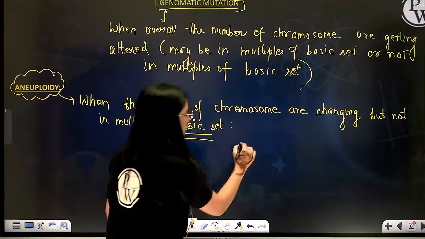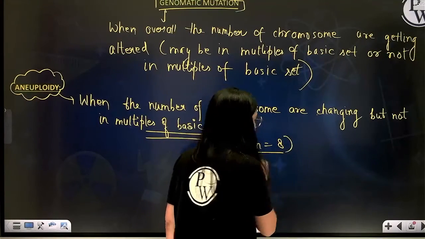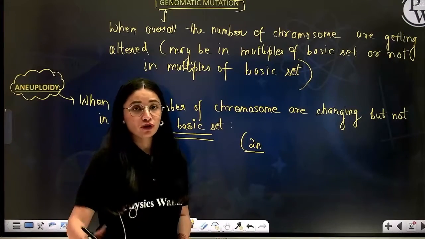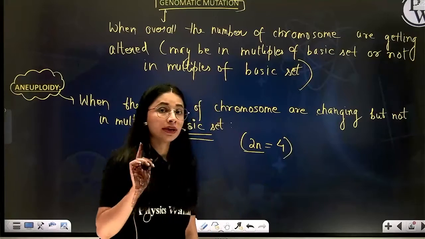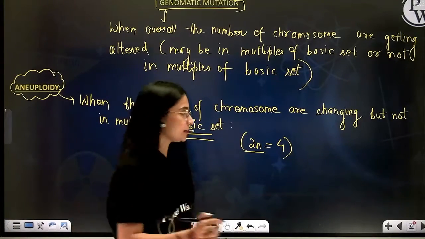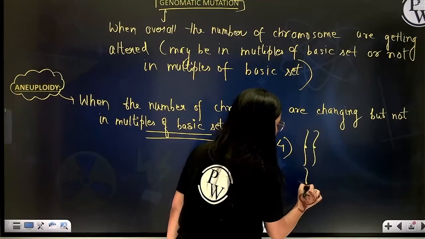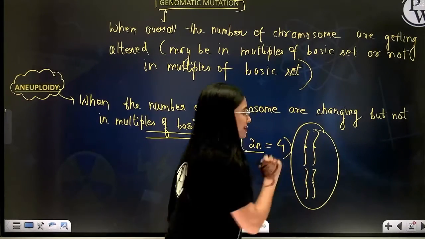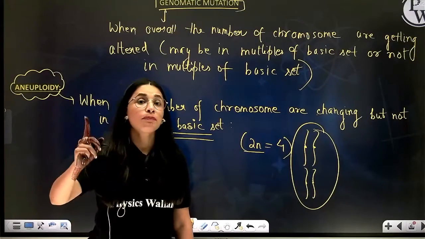Suppose मान लो बेटा there's a diploid cell which is having 8 chromosomes. Or to explain in a better way, let me take the number of chromosomes even lesser. Suppose there is a diploid cell having only 4 chromosomes. That means 2 pairs of chromosomes. Now, this is 1 pair and this is another pair. So this is a diploid cell having a total of 4 chromosomes represented by 2 pairs.